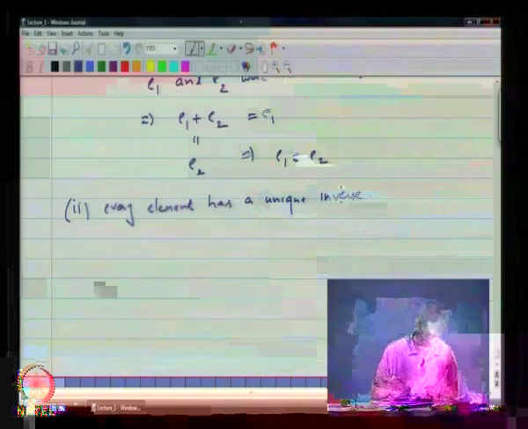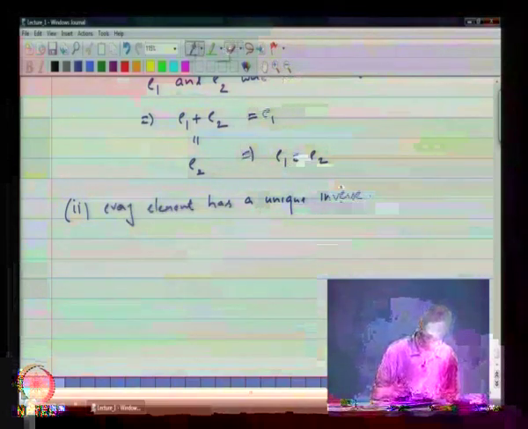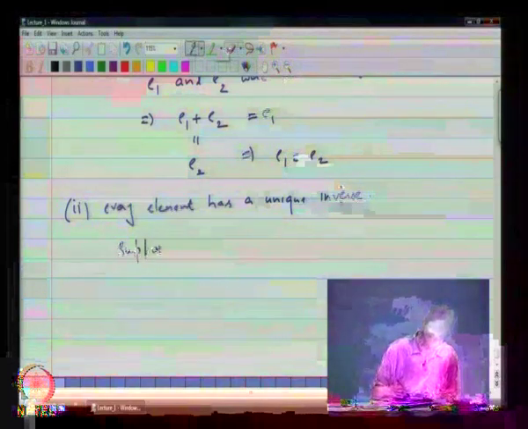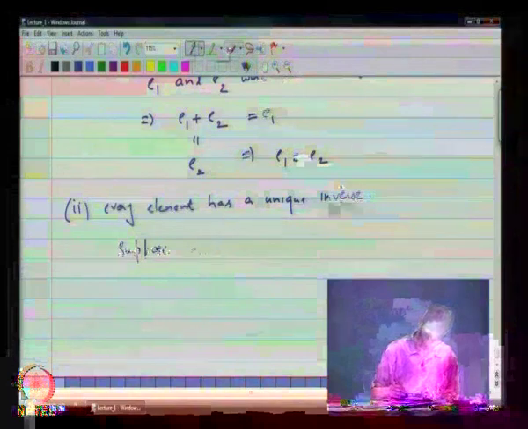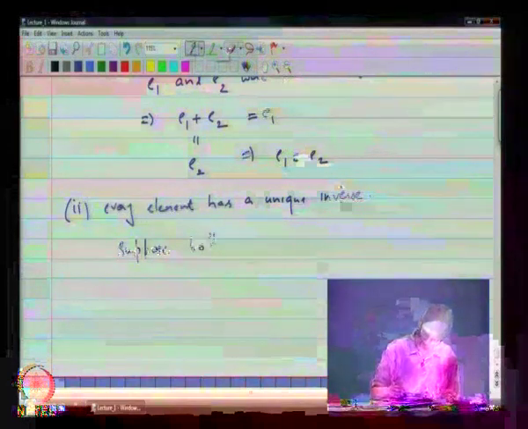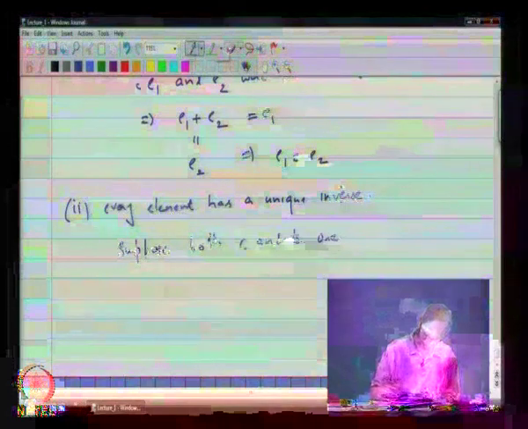Let us say, again suppose not, suppose both C and B are inverses of A.